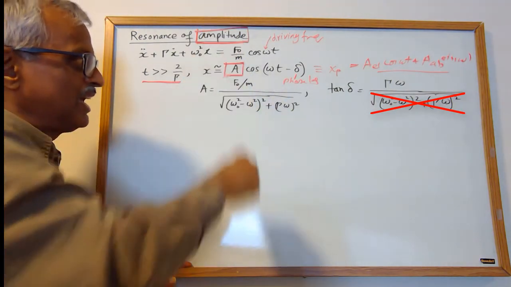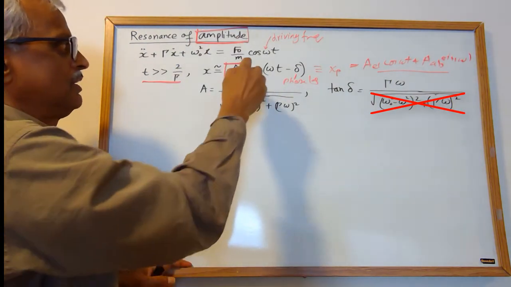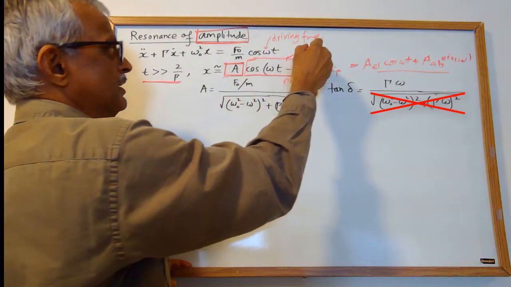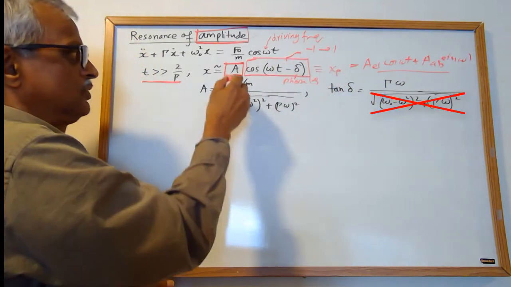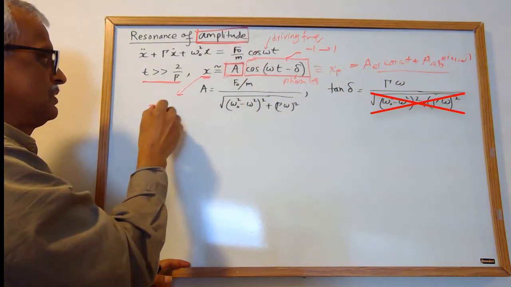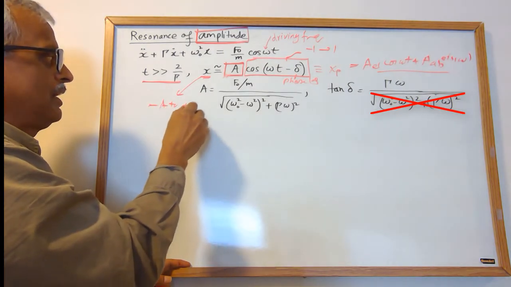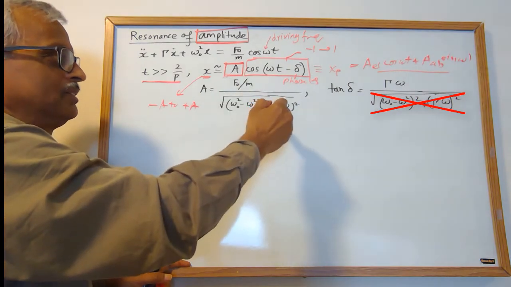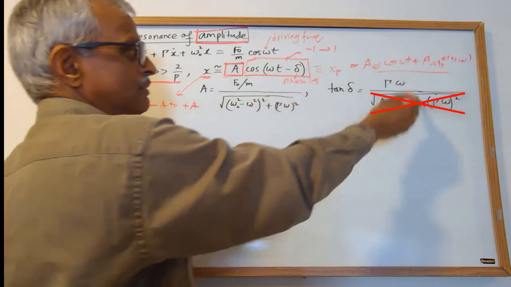And this is the amplitude of the oscillator. So oscillator is going between A and minus A, right? Because this just can be plus, this goes between -1 to 1. So X is going between -A to +A, and the A is given by this positive number, and phase lag is given by this number.